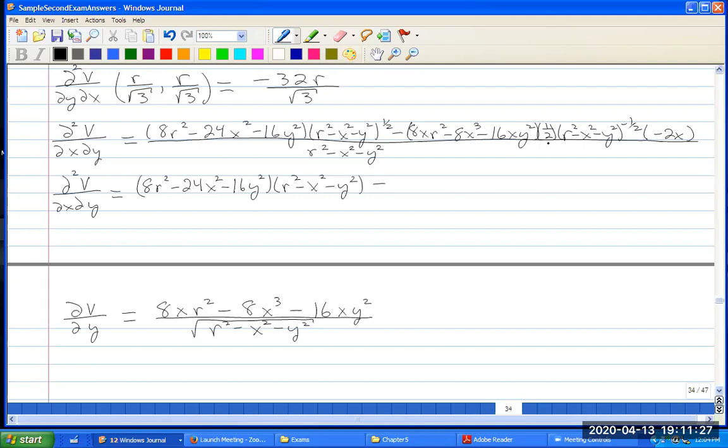Those are going to cancel, so that's a minus, that becomes a plus. These cancel, so this is an 8 r squared minus 8 x to the 4th minus 16 x squared y squared, all divided by r squared minus x squared minus y squared to the 3/2.